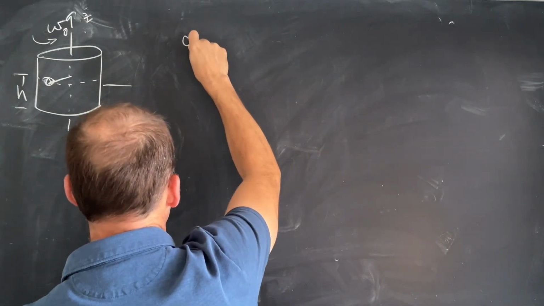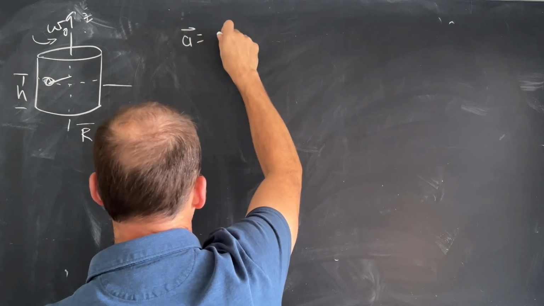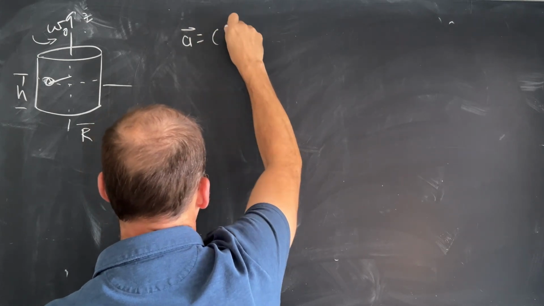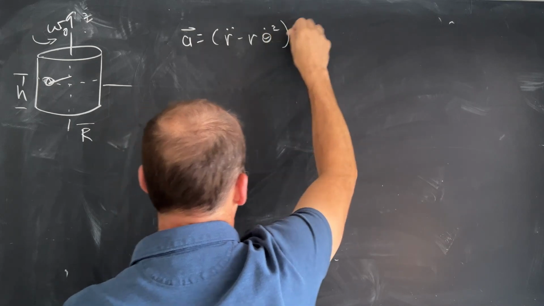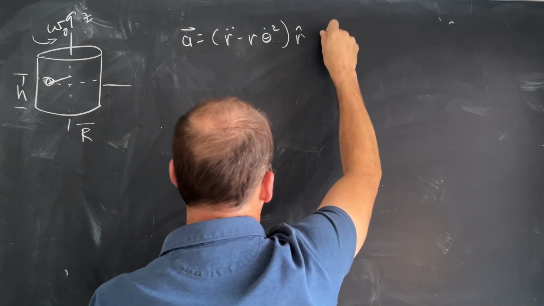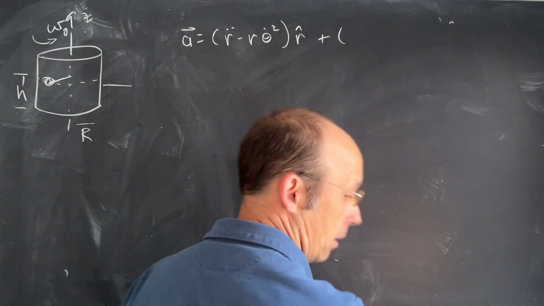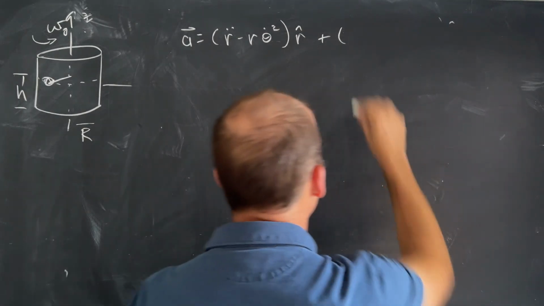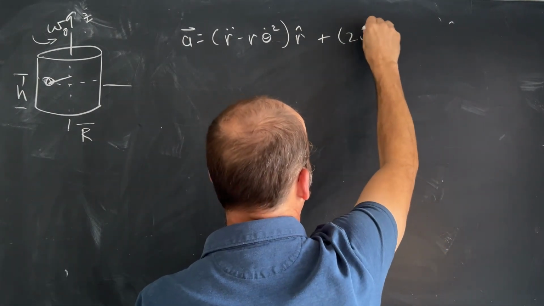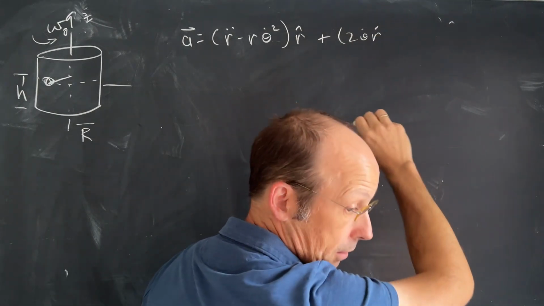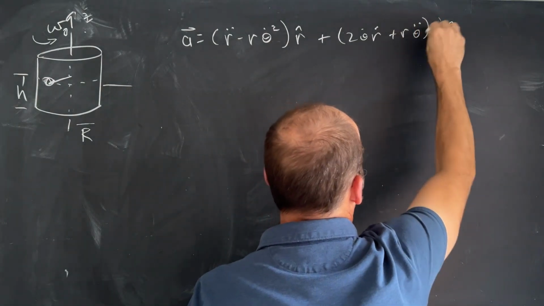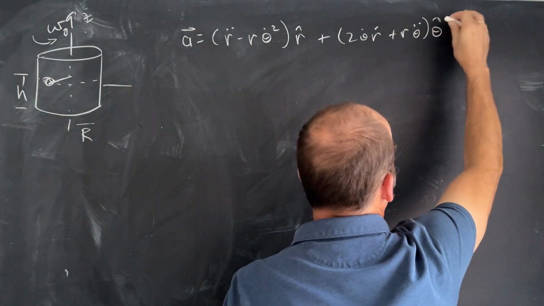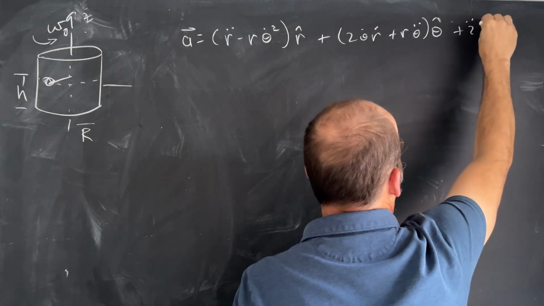So the acceleration in cylindrical coordinates is going to be equal to (r double dot minus r theta dot squared) r hat plus (2 theta dot r dot plus r theta double dot) theta hat plus z double dot z hat.